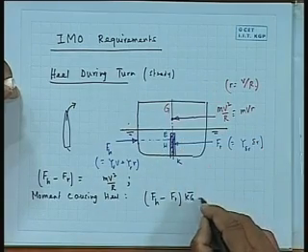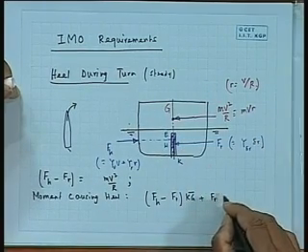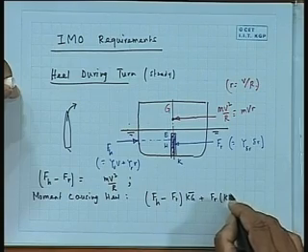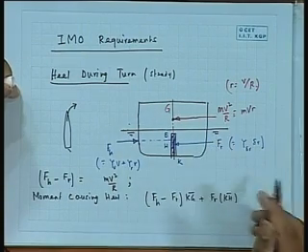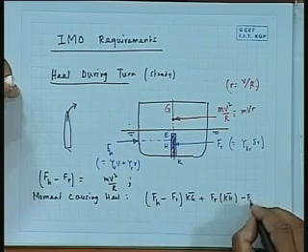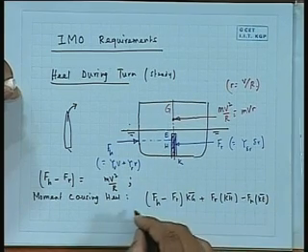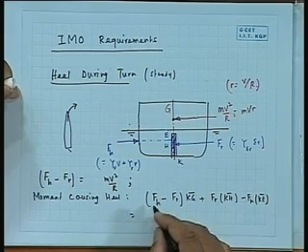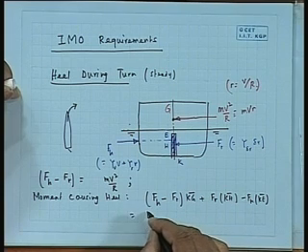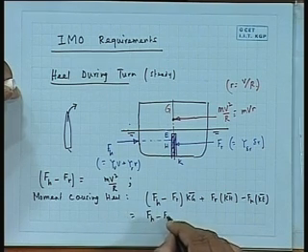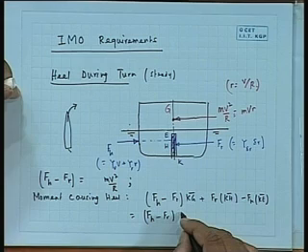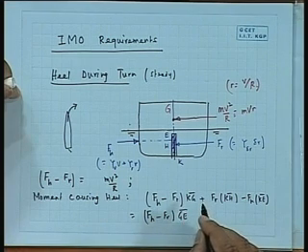I am just following this here. H is this one, minus Fh into KE. This will turn out to be, I will simply write the final result, GE.